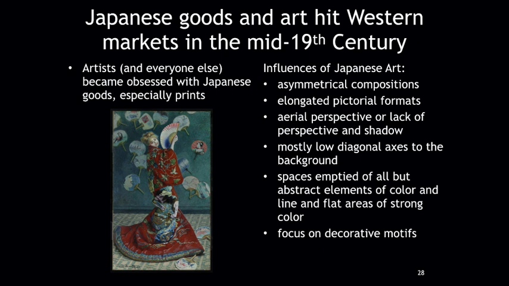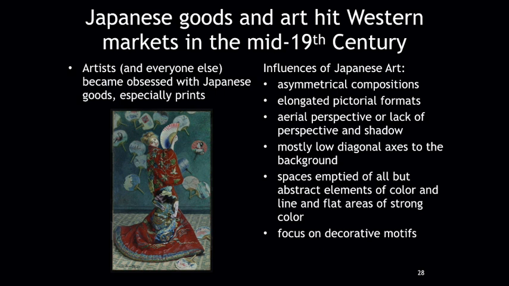So what are some characteristics of Japanese art? They're asymmetrical, which means there's maybe more things on one side than the other. The pictures themselves are longer, like tall and thin, which is very strange for Western art because it's always more of a rectangular, widescreen kind of thing.